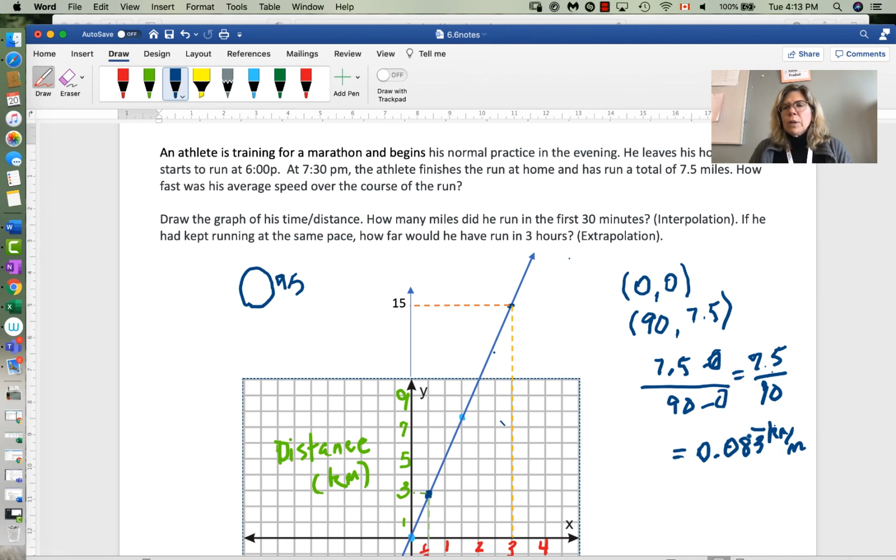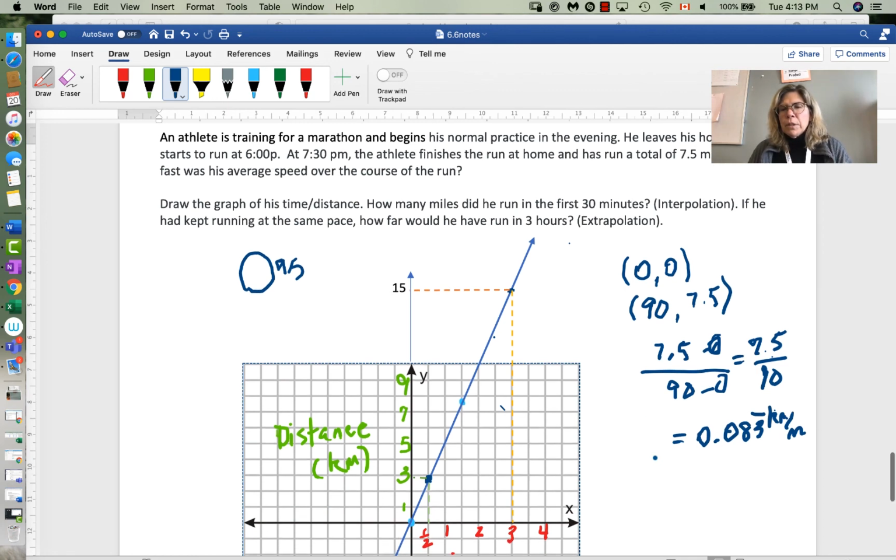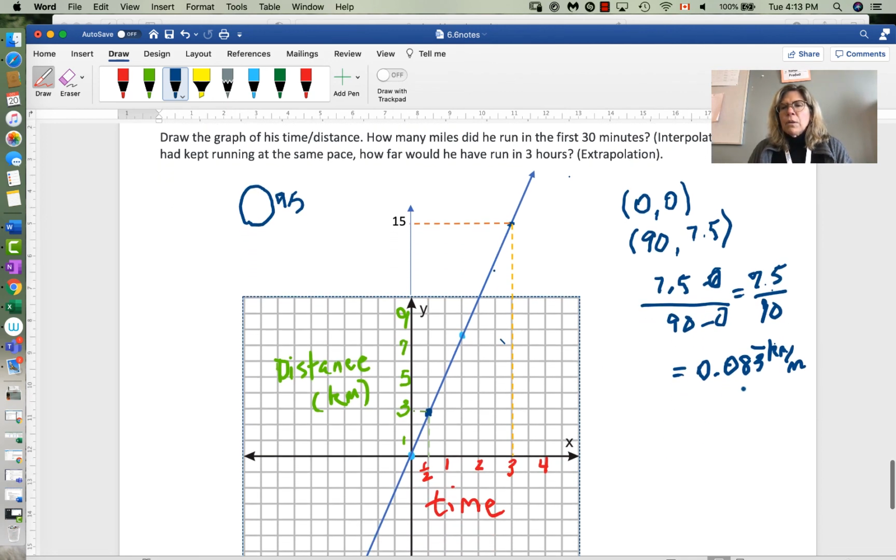So if you actually wanted to multiply this times 1,000, you would get meters. Sorry, 1,000 meters equals 1 kilometer. So if you have 0.083 kilometers, and you multiply that by 1,000, that's 83.